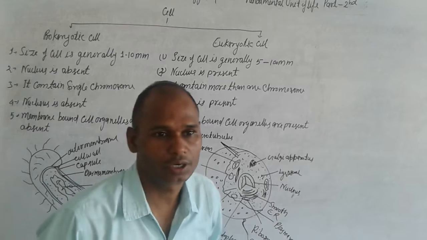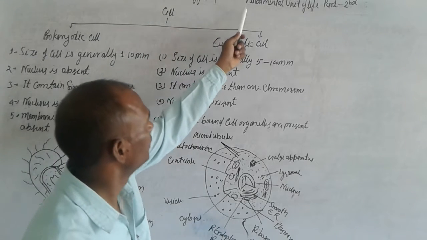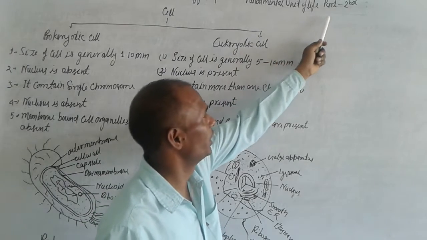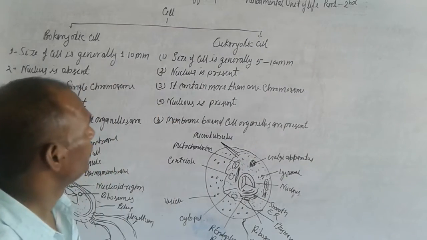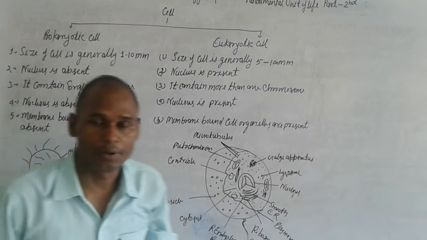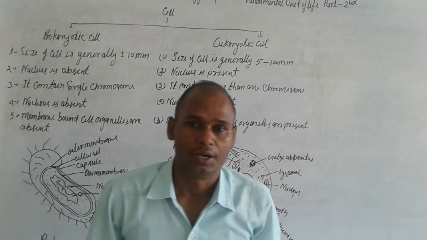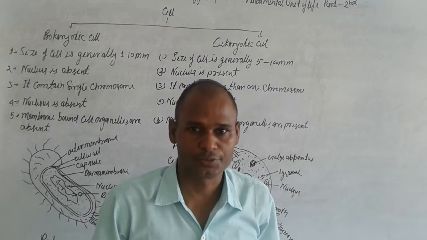Today I am going to talk about the class 9th biology chapter 2nd, Fundamental Unit of Life, part 2nd. We discussed the cell and its history in the previous video.